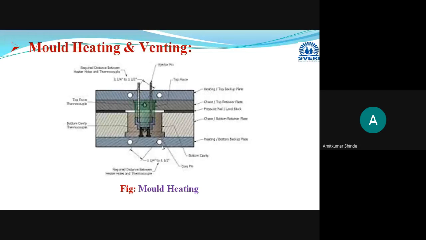Okay. Now in today's session, we are going to discuss the remaining part of this fifth chapter, that is compression molding, design of compression mold and transfer mold.